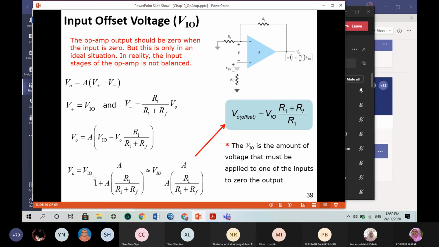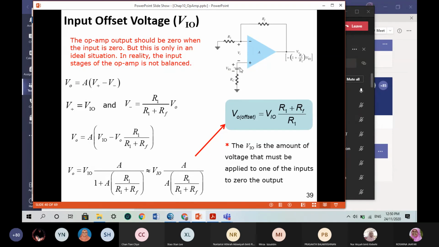And therefore, your VO offset is actually VIO multiplied by (R1 plus RF) over R1, since you know the values of your R1 and RF. So you just apply some amount of voltage.